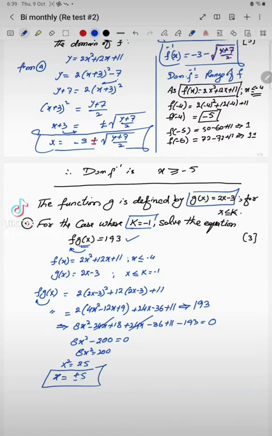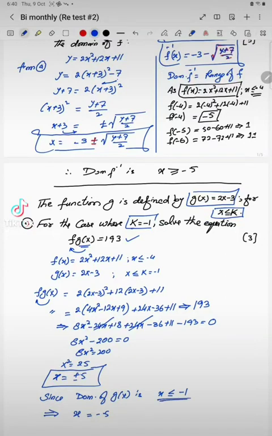So we can write, since the domain of g of x is x less than or equal to minus 1, because this is k and k was minus 1, it's given, therefore the result will be minus 5, because it will satisfy the given inequality.